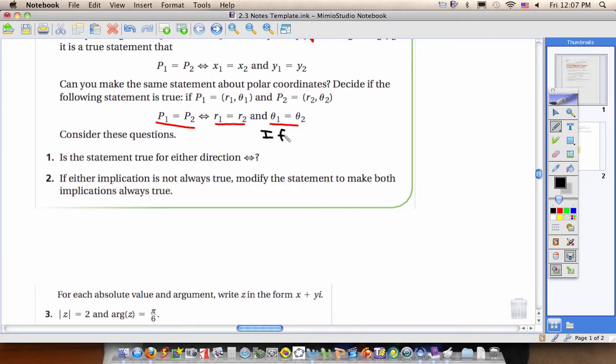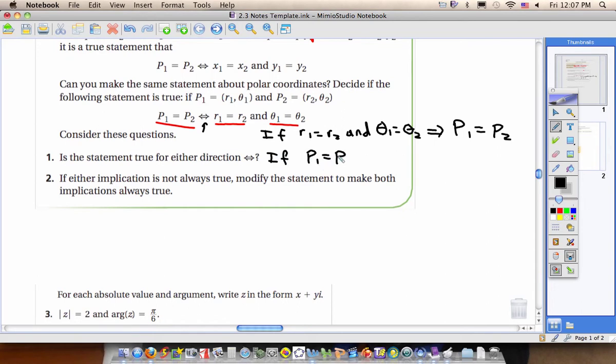It's if and only if. Use the double arrows, it means you can read both of those. So if R1 equals R2 and the angles are the same, does that mean the points are in the same location?